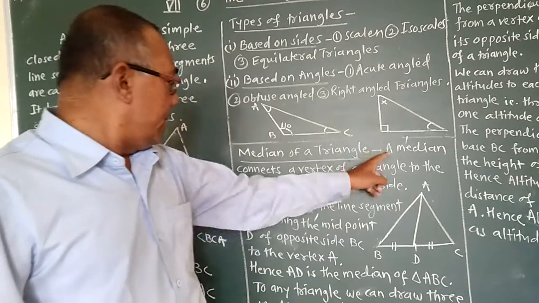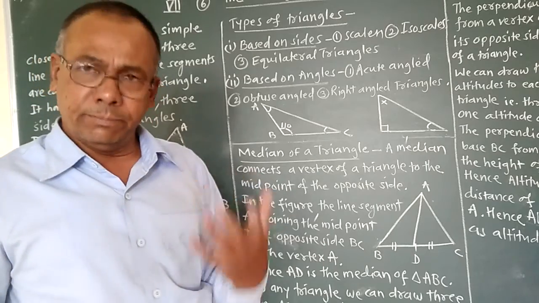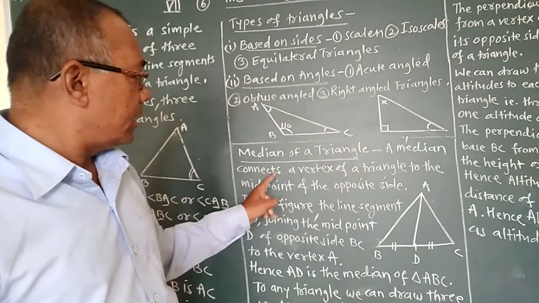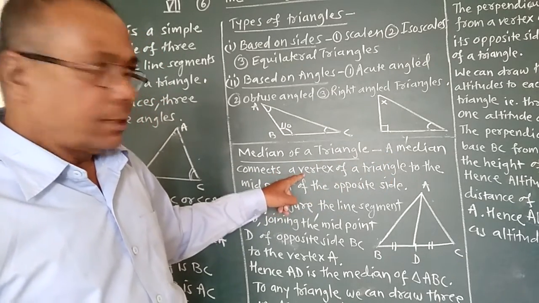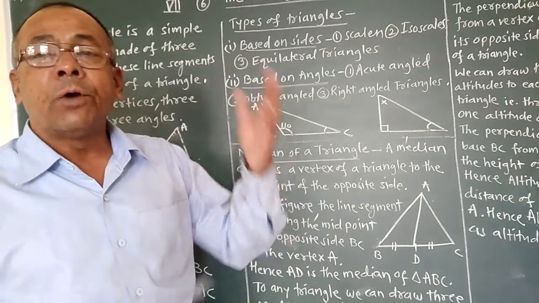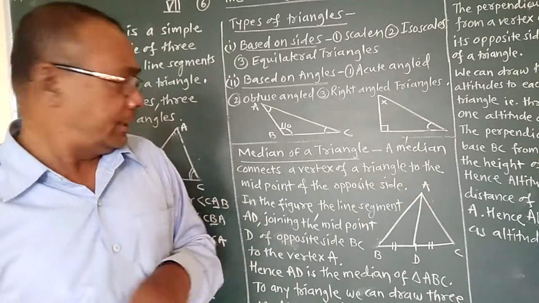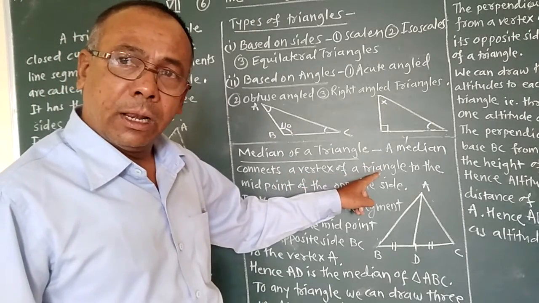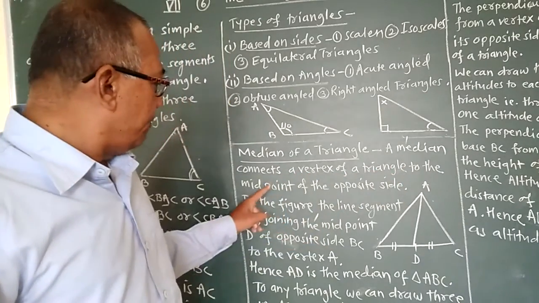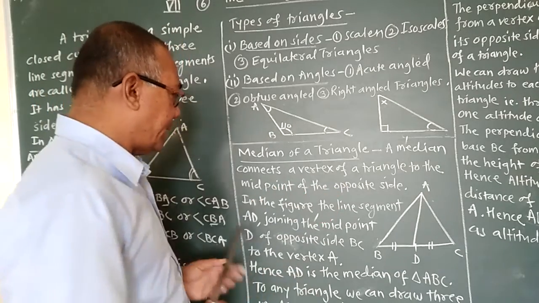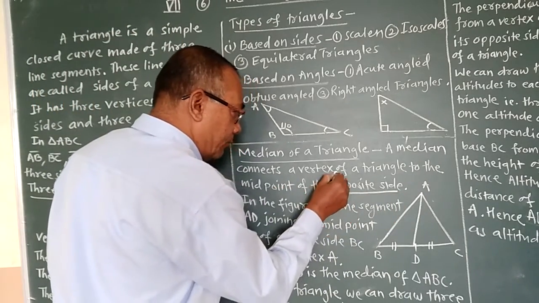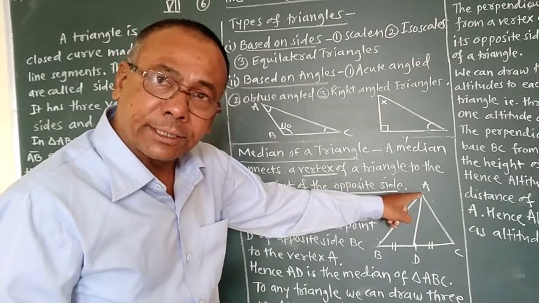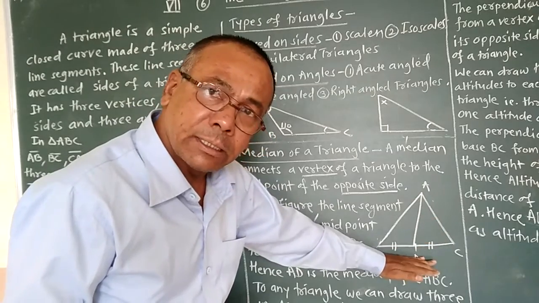What is a median? So directly I am telling you that the median connects a vertex. Here we have seen what is a vertex, what is the opposite side, etc. So a median connects a vertex of a triangle to the midpoint of the opposite side. Here if we consider A, then it is a vertex and its opposite side is BC.